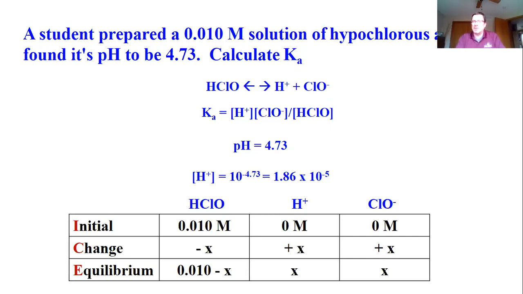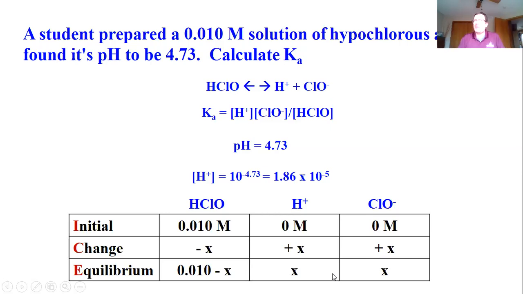So at equilibrium, it's going to be the 0.01 initial molarity minus however much I lost, whatever concentration dissociated. And the ions are going to be X, the amount that dissociated.